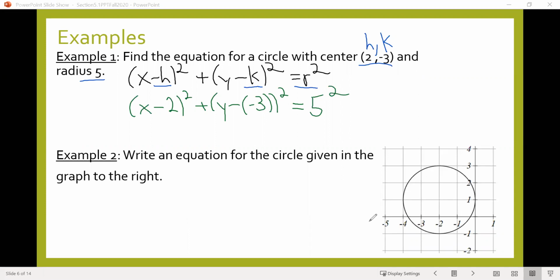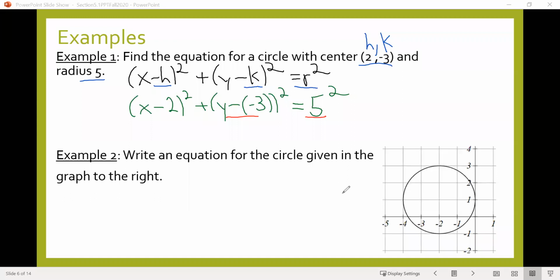At this point, we're pretty much done writing the equation. If we want to, we could simplify a couple of things. We have the minus and the y minus -3, so we can make that a plus. We also have the 5 being squared.